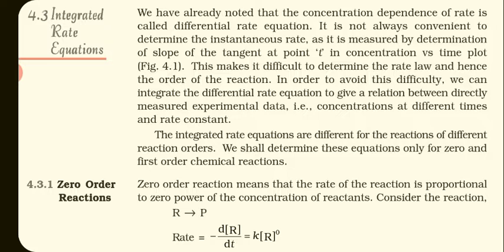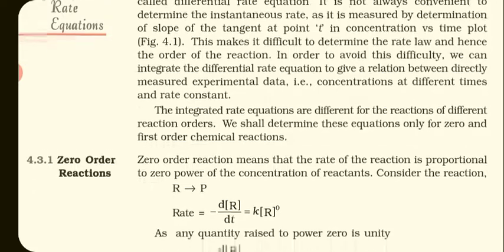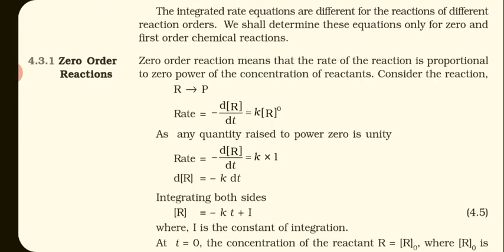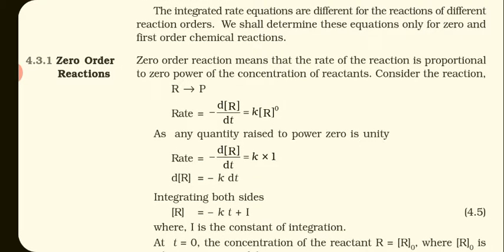So in order to avoid this difficulty, we can integrate the differential rate equation to give a relation between directly measured experimental data, that is the concentration at different times, and the rate constant. The integrated rate equations are different for reactions of different orders.